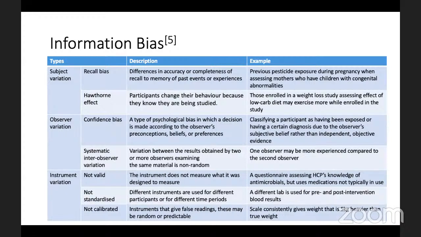For instance, if you were doing a questionnaire about healthcare professionals' knowledge of antimicrobials, but you use medication that is not typically in use for that sector, it might give you a false measurement of something other than what you actually want to be measuring. So that's just an important criterion.